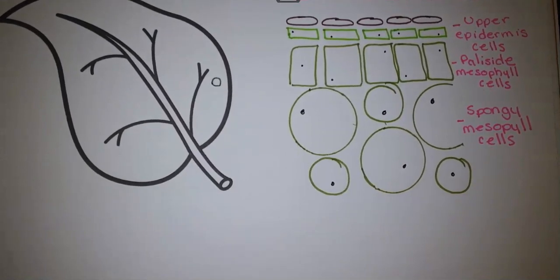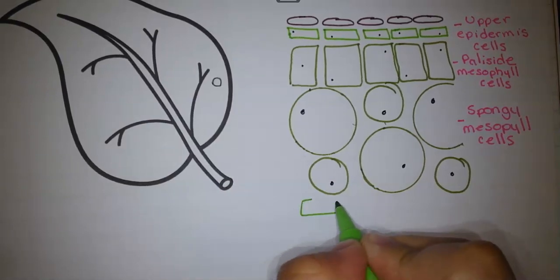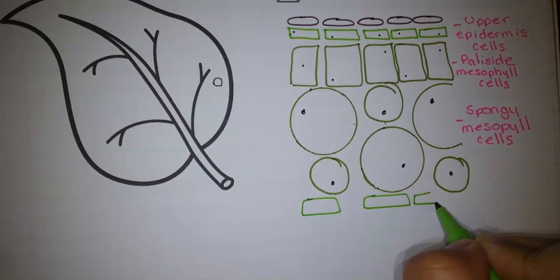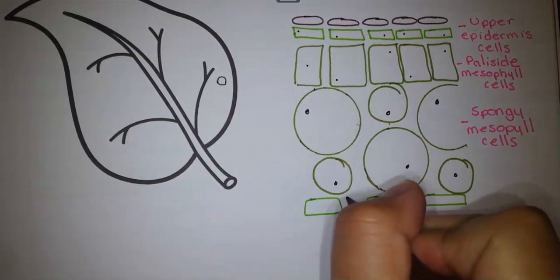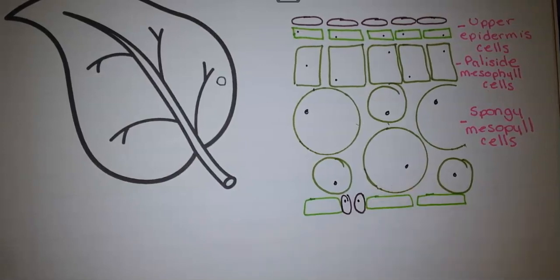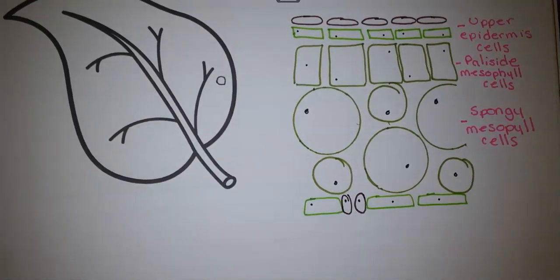And then at the very bottom, we are going to have our lower epidermis, and that is where our guard cells are going to be. Okay, and don't forget our nucleus.